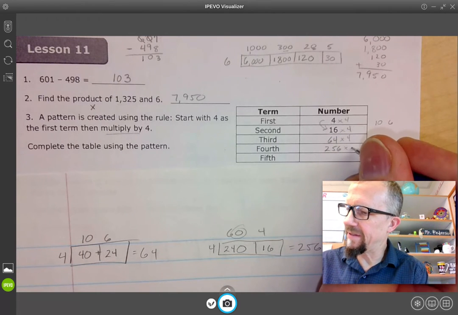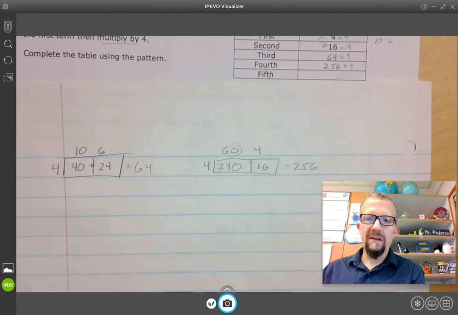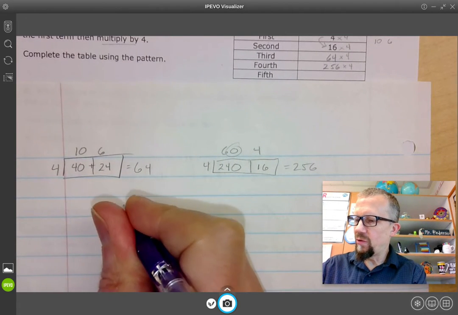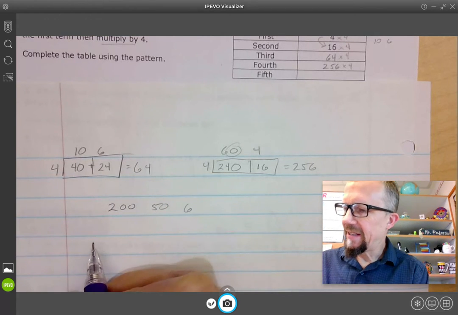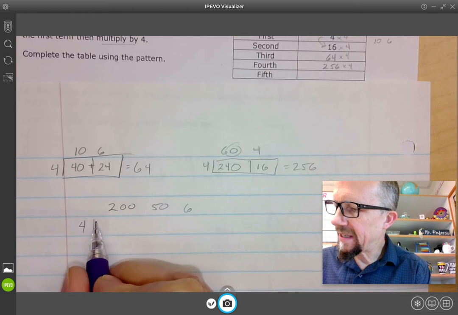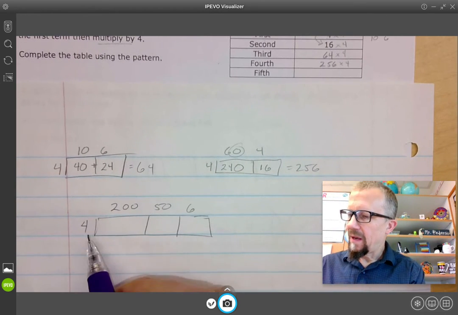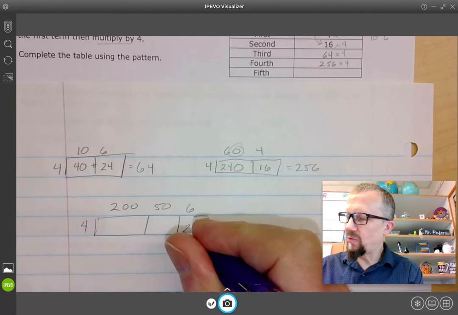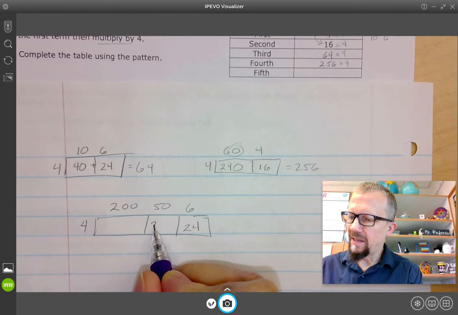And of course, to get the fifth term, I have to multiply that by 4. So we'll break 256 into its different place values. We're still multiplying everything times 4. Okay, 4 times 6 is 24. 4 times 5 is 20.